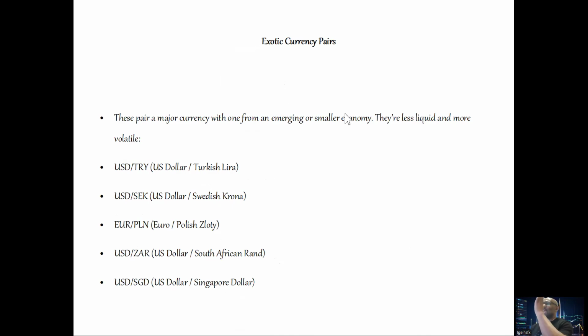These are the exotic. So we have the major currency pair, the minor currency pair, and the exotic currency pair. This is how you pair currencies for you to be able to trade them on any platform.